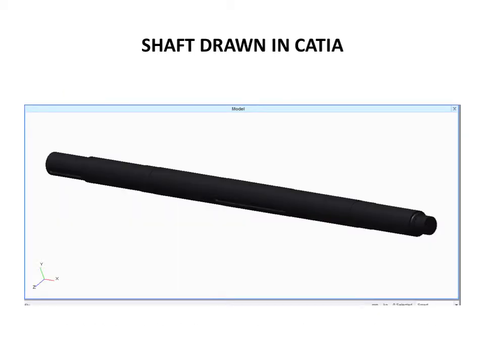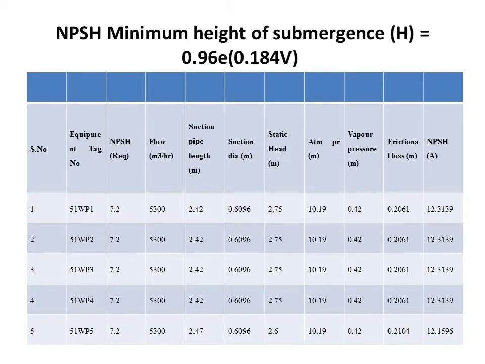Shaft drawn in CATIA. This is the model in CATIA. This is a tabulation about the NPSH, the minimum height of the submergence. It is shown in the tabulation.